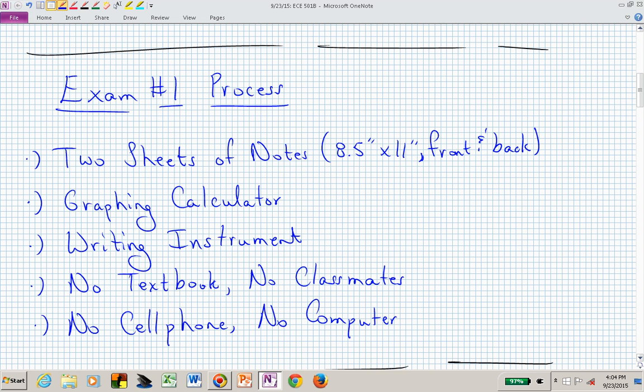It's sort of like a security blanket, or whatever you grew up with that you felt warm and fuzzy having. Now as engineers, we have a calculator, and we kind of view that in the same way. Something to write with, obviously, and then no on the others. No textbook, no classmates, no cell phone, and no computer or computers.